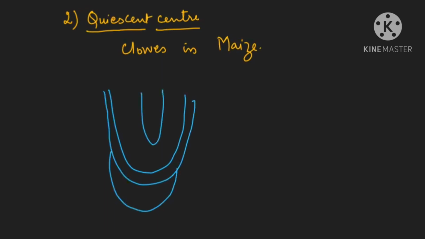You will find this inverted cup-like structure, which is known as root apical meristem. In the center, this part is known as quiescent center, not the full root apical meristem.